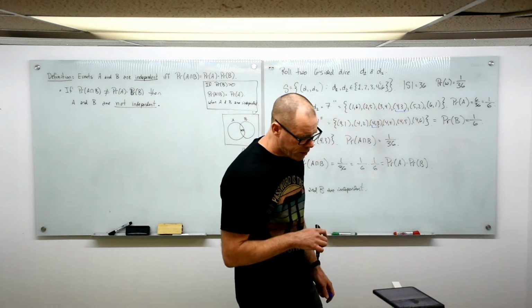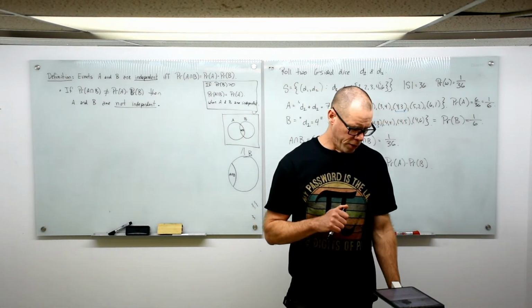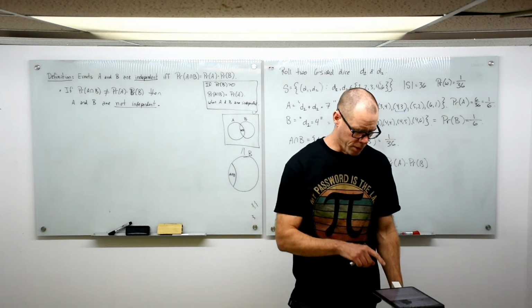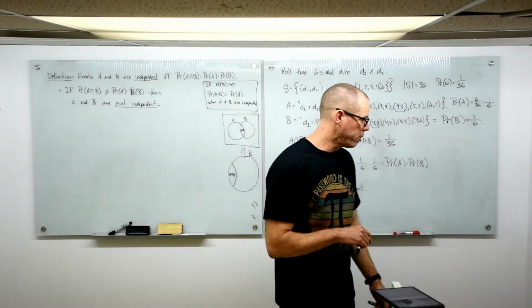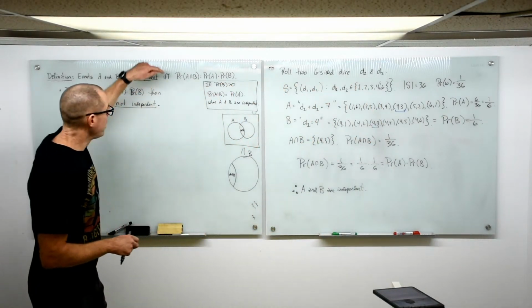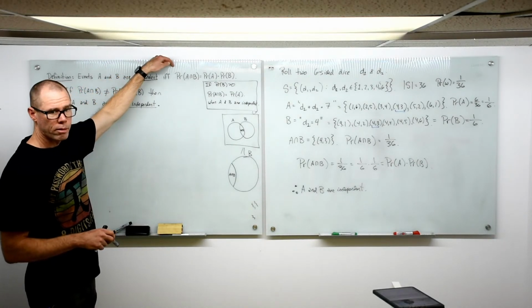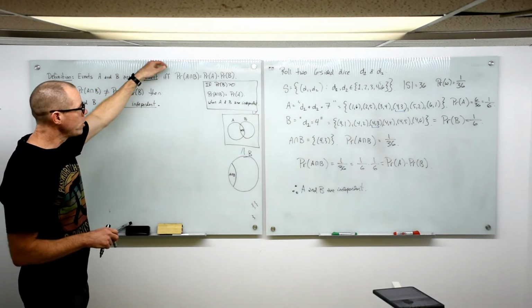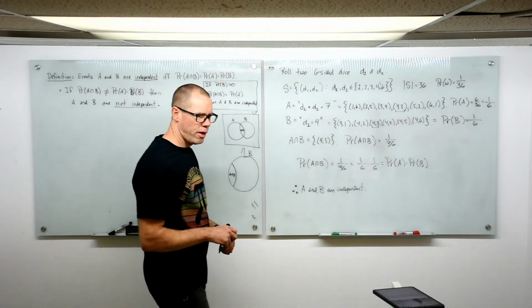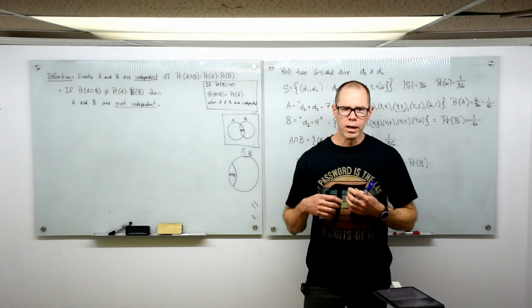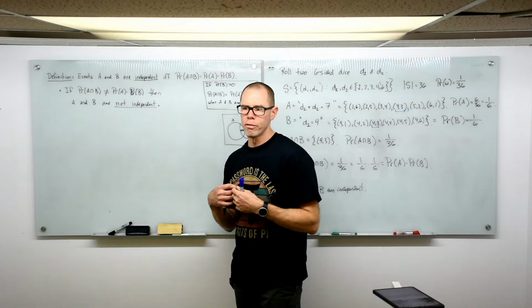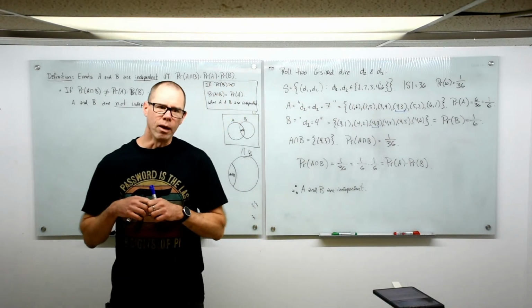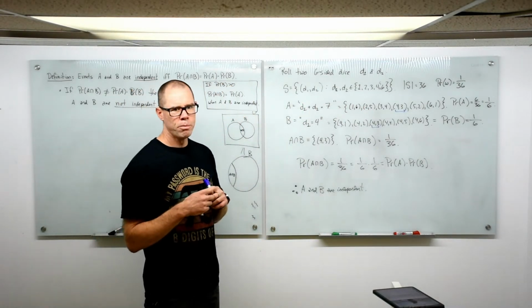So is this a sufficient condition for independence, or do you also have to check that the probability of A given B is equal to the probability of A? No. This is the definition of independence. This definition implies the other thing, that the probability of A given B is equal to the probability of A. It implies it when the probability of B is bigger than 0.